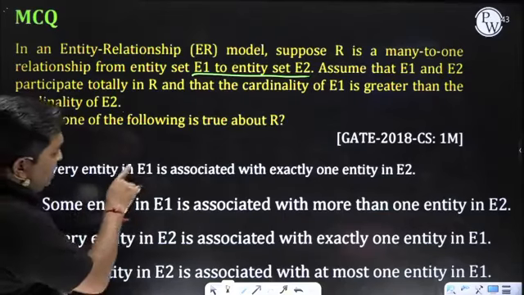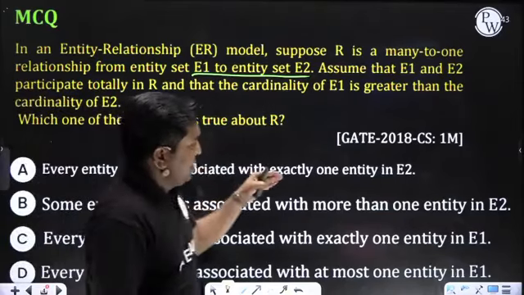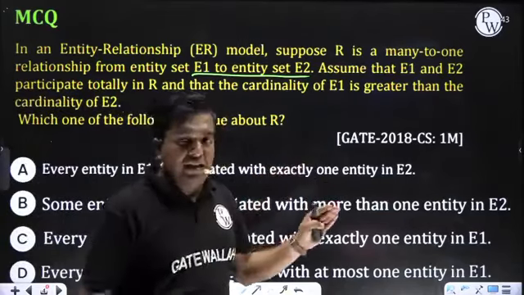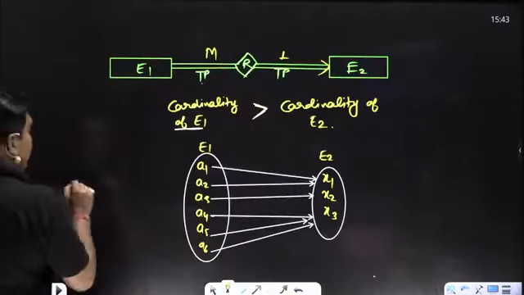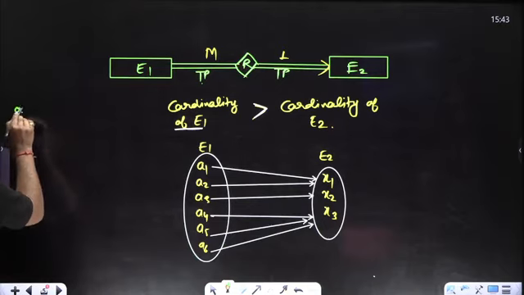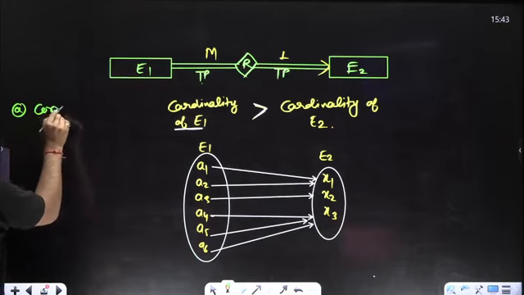Every entity in E1 is associated with exactly one entity in E2. Yes, my dear student, if I'm talking about option A, that is correct. Why?